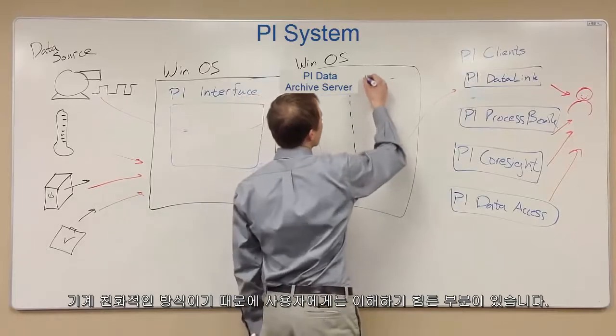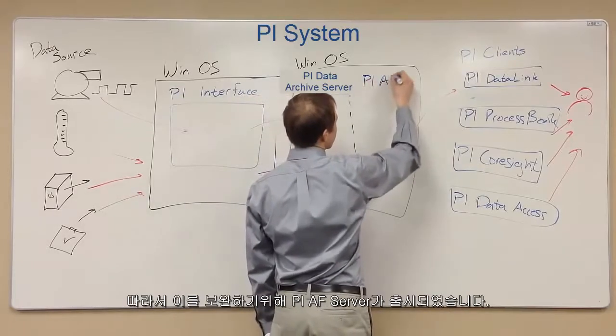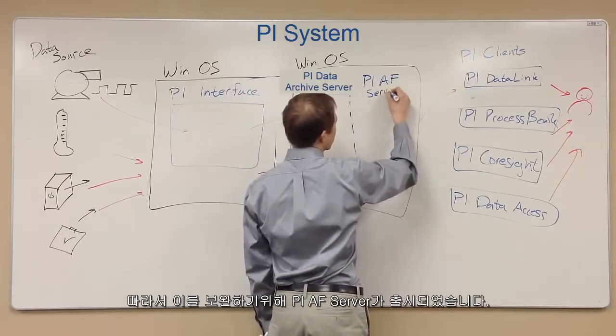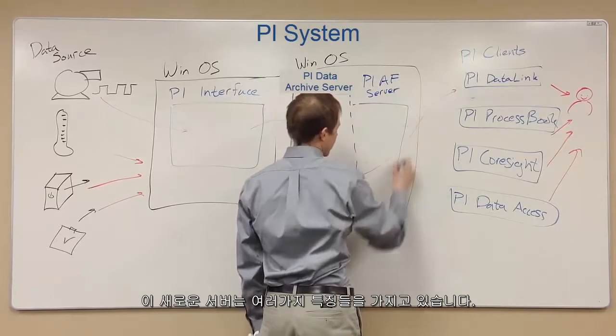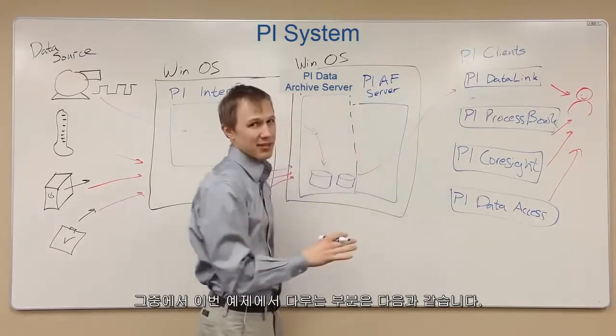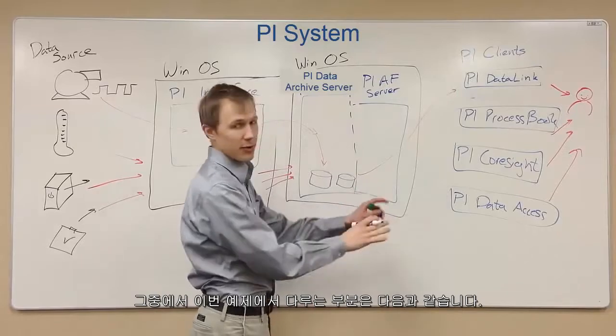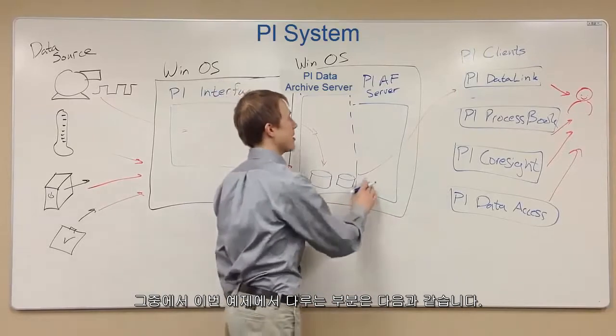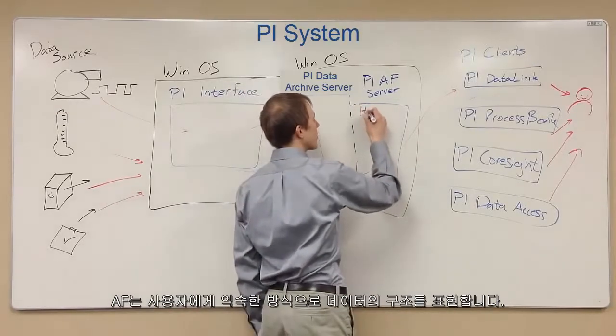So now we have the Pi AF server. This provides a lot of things, but one of the things for the purposes of this exercise is that it is human friendly.